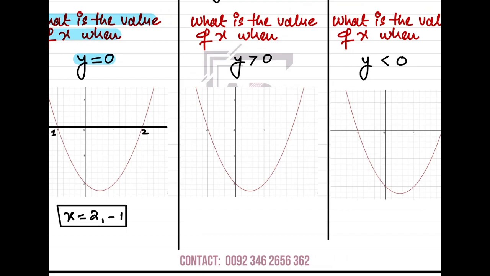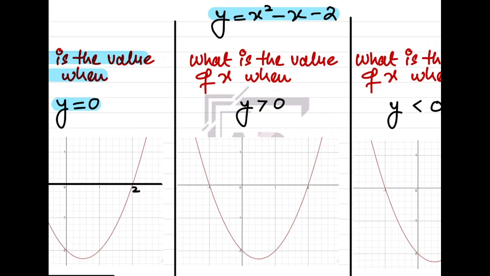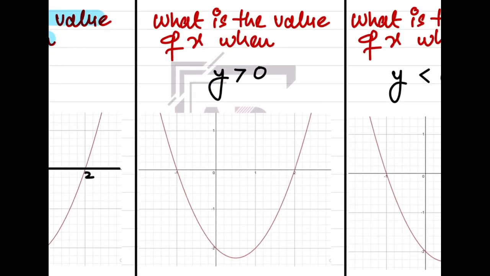There are two values. But what if they ask you what is the value of x when y is greater than 0? So we are going to look towards the graph. This portion of the graph is above the x-axis where y is greater than 0.